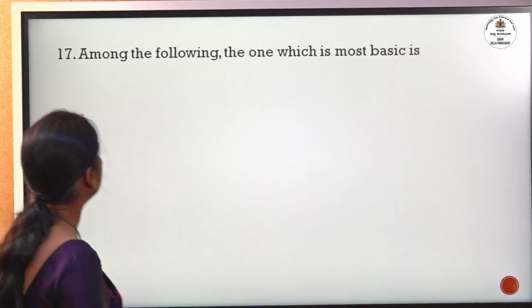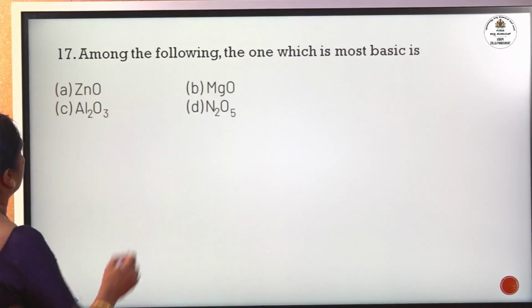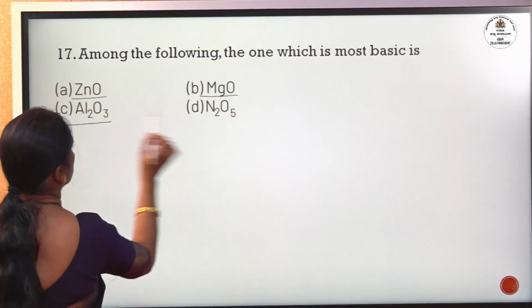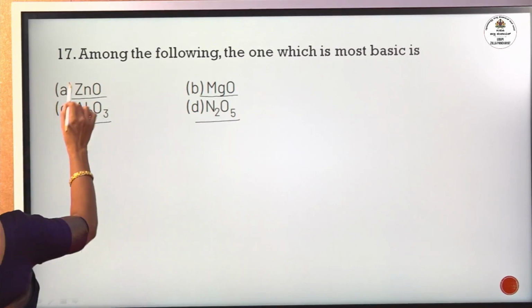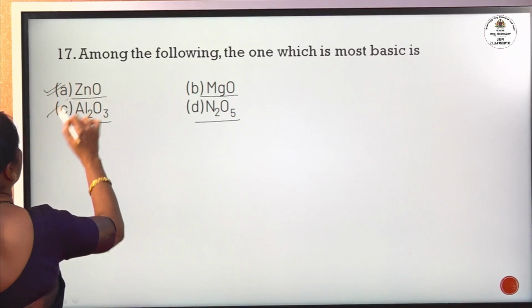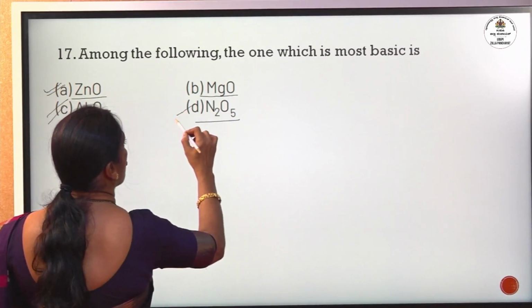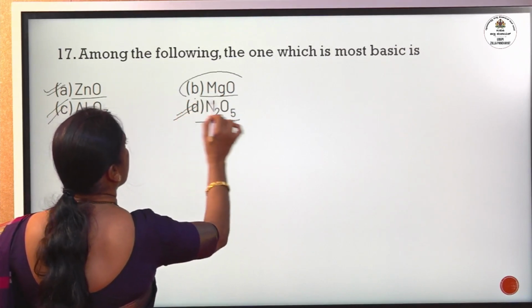Among the following, the one which is most basic is, we will check the options. Now, ZnO, MgO, Al2O3, N2O5 are given. Now, these two are amphoteric oxides, whereas this is a non-metallic oxide which is acidic. This is a metallic oxide which is basic.